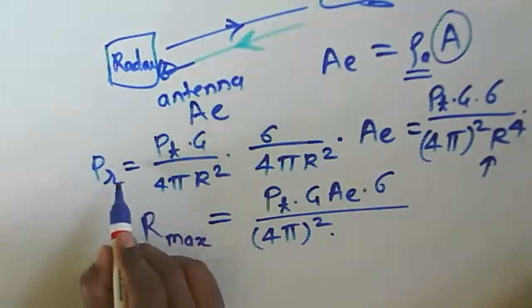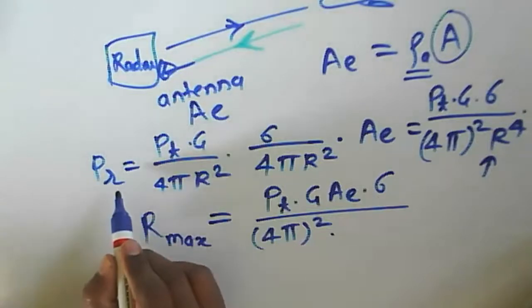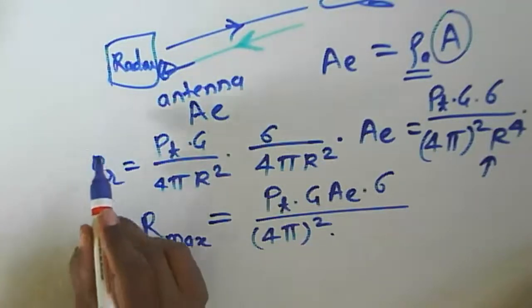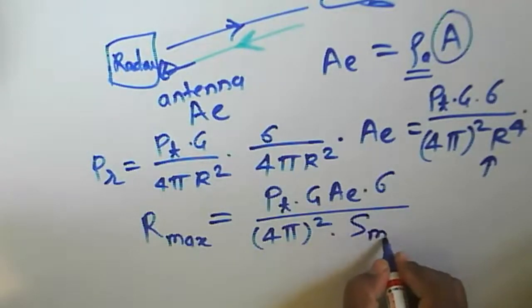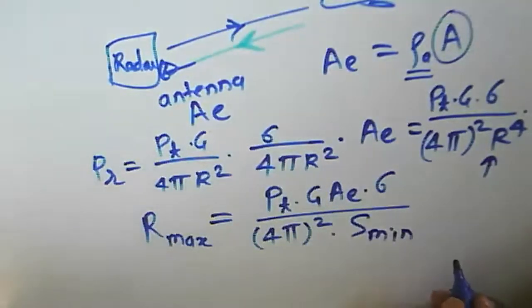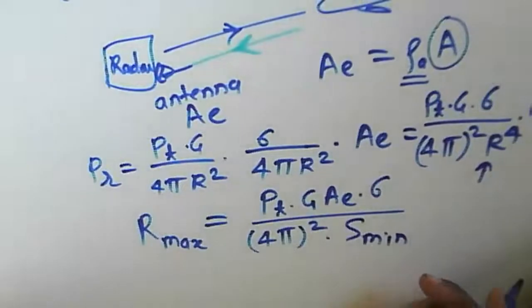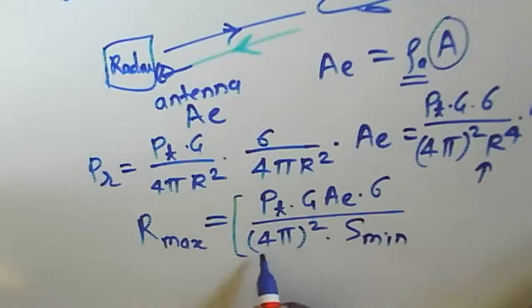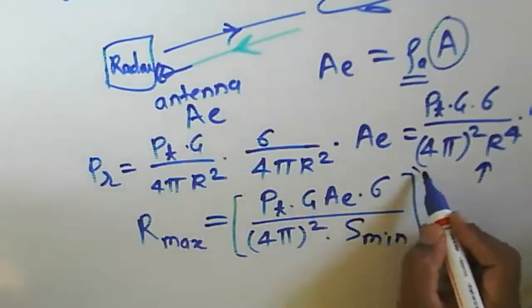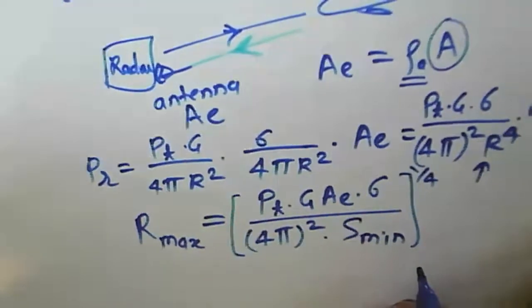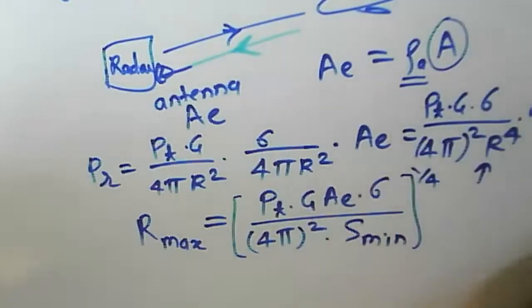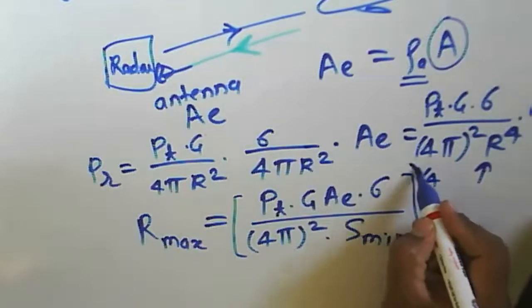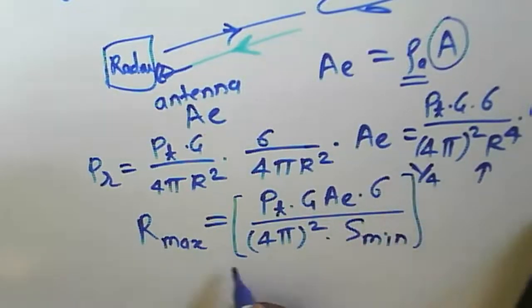Now instead of using the term power received, we can consider the minimum detectable signal, whichever signal is received at the given point, raised to 1 by 4. So this is R max.